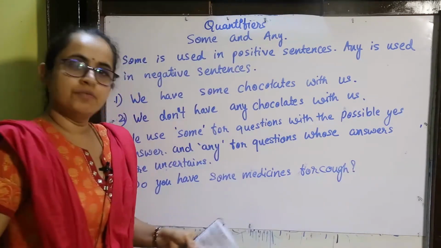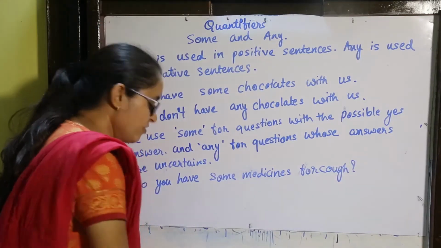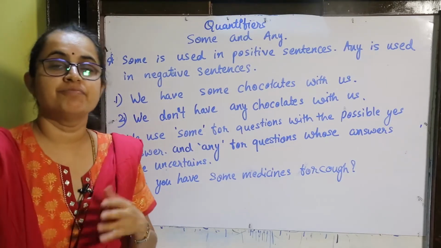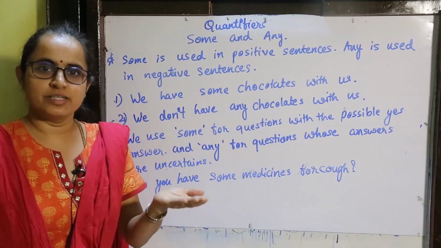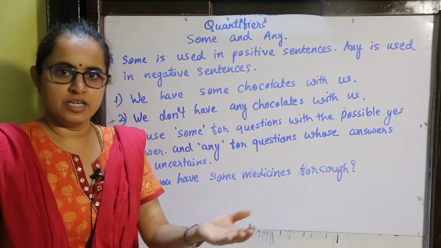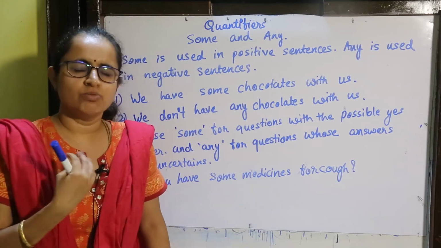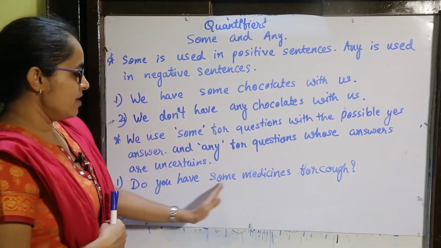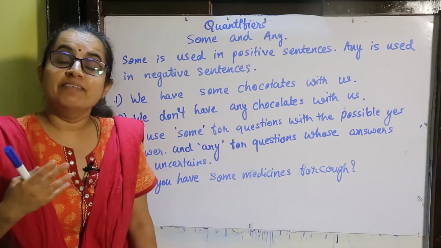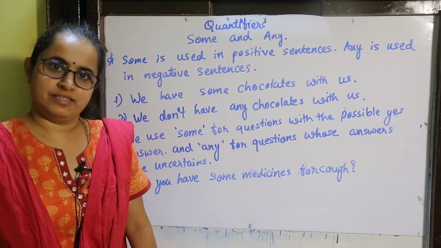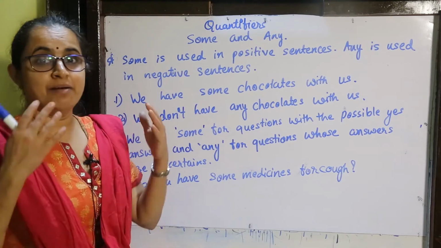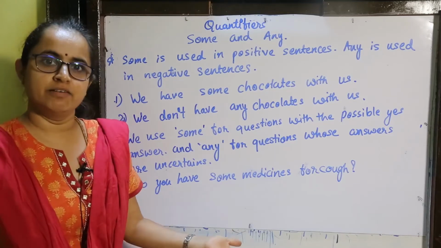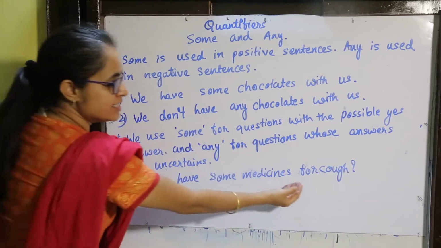Suppose I ask a friend, do you have some medicines for cough, and if he is a pharmacist, then what will happen? If I went to a medical shop and I say, do you have some medicines for cough, he will definitely say yes. Why? Because I am in front of a medical store which has all kinds of medicines. So he will definitely say yes.